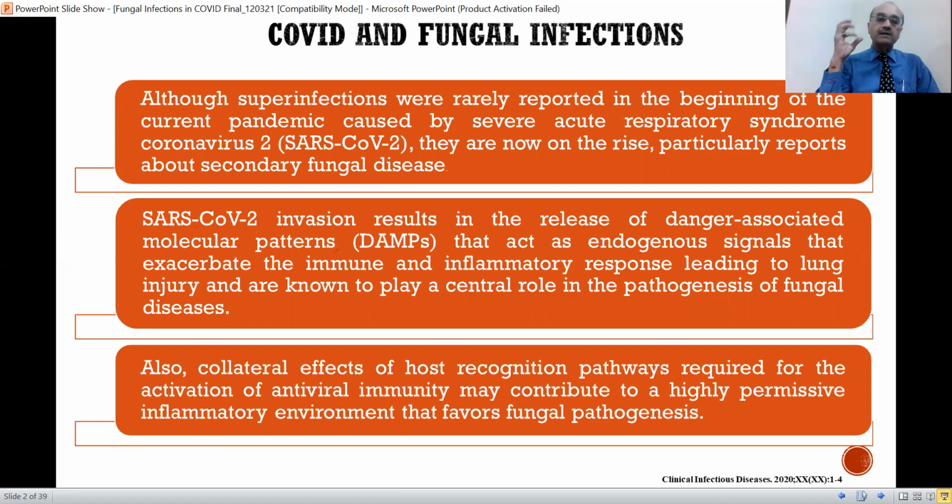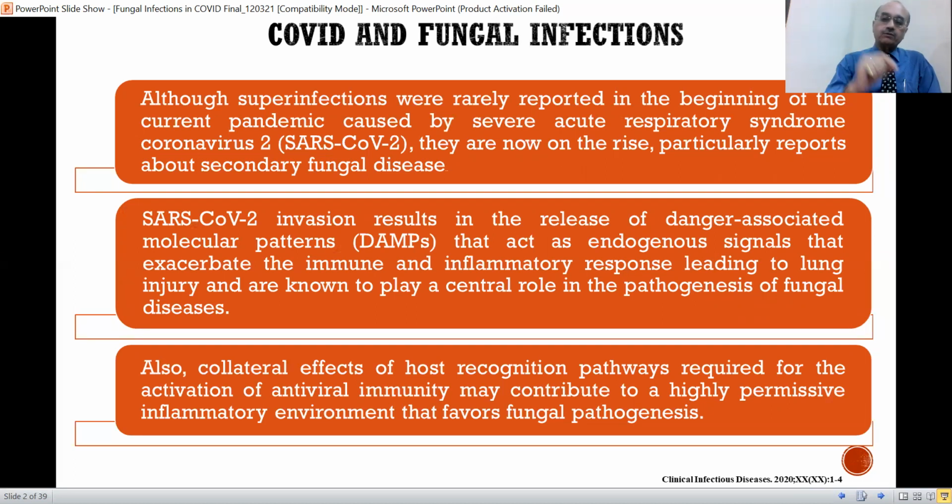Once invasion by the virus occurs, it results in the release of certain parameters called danger-associated molecular patterns, or DAMPs. These DAMPs act as endogenous signals that exacerbate both the immune and the inflammatory response, leading to injury of the lung, and they play a central role in the pathogenesis of fungal infections.